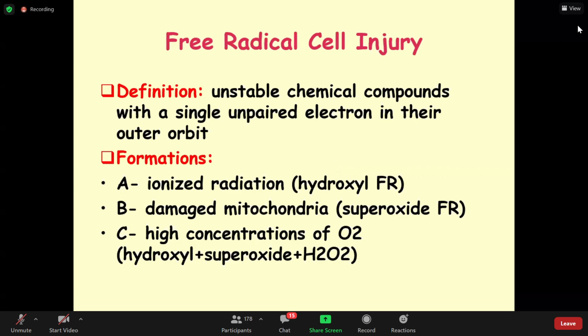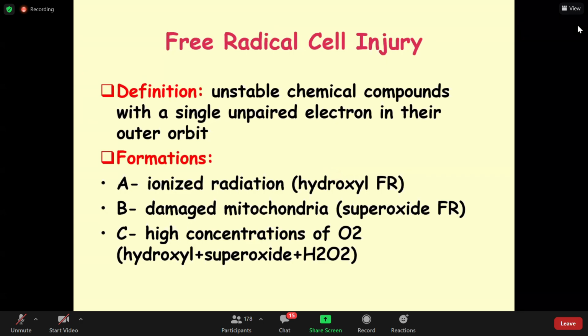Now, I told you also that with damaged mitochondria, let's say that there is hypoxia to the cell, mild hypoxia. It may sound like a mild or minor change, but the mitochondria itself will cease to function. The mitochondria is going to start to have very intricate problems in its function.